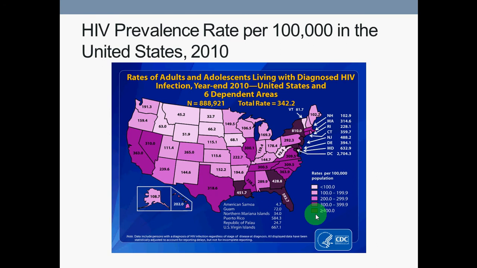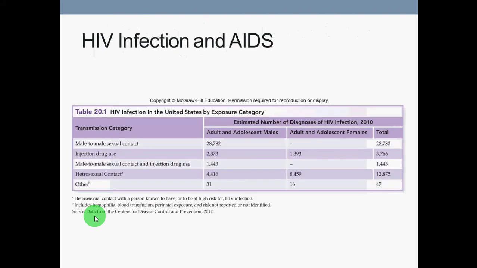The darker the color, the higher the rate. And again, the rate means that this is how many people per 100,000 in the population have HIV. So for Illinois, it's 300. There are 300 people living with HIV for every 100,000 in the population.